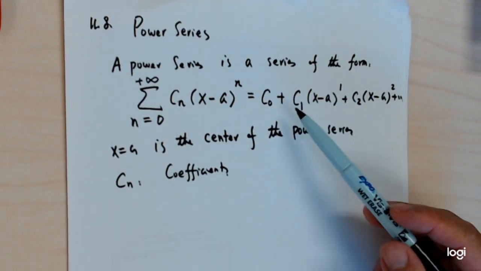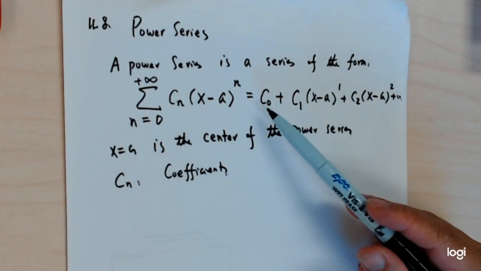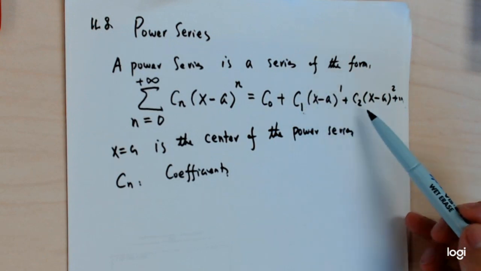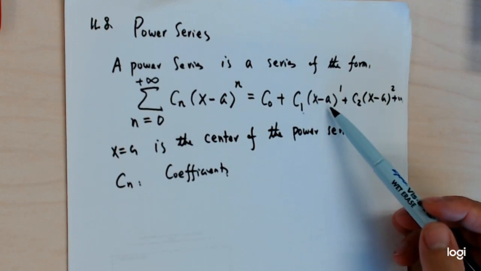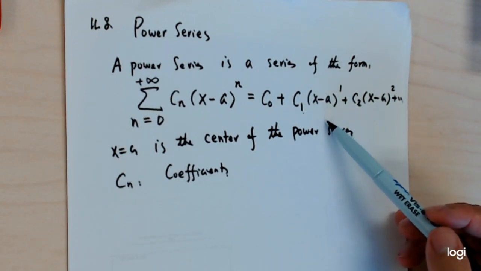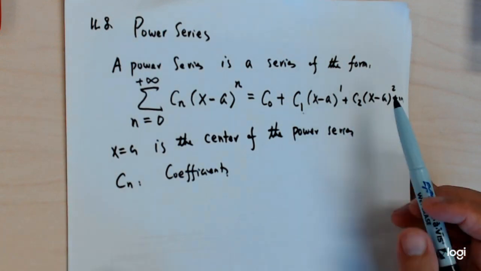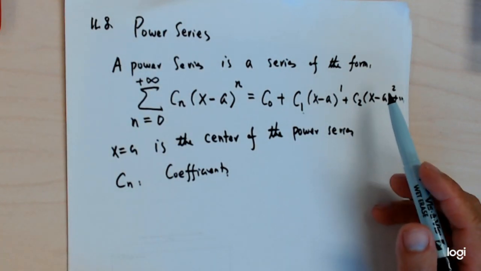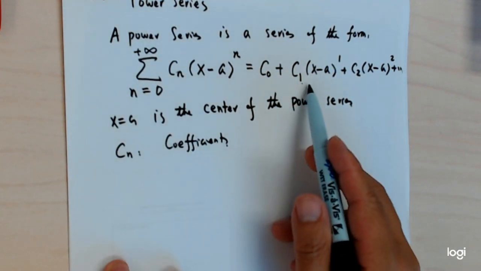So in general, the C sub n's, all those coefficients, are all given. a will also be given, so a could be a number like 1 or 2. So these are all given quantities. The only thing that's changing is x.